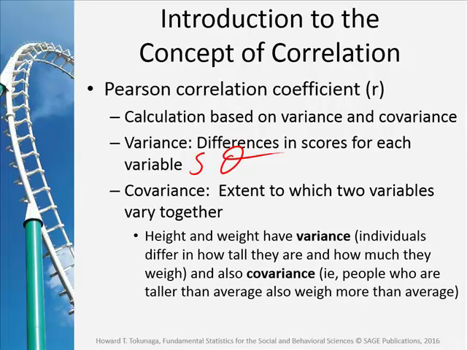Covariance is how things vary together. And this is where you add in a second variable. So if we were to go around the room and measure every person's height and their weight, we would have variance in height, and then we would have variance in weight. And we can calculate that, right?